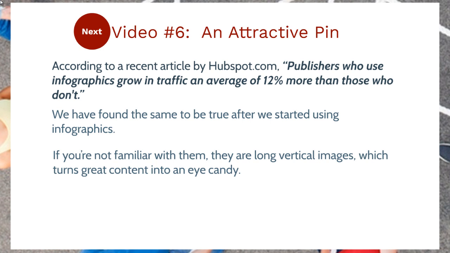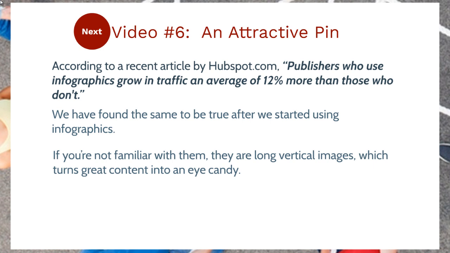Now, if you're not familiar with them, they're basically long vertical images, which turn great content into eye candy. Or in other words, instead of turning great content into just a bunch of text, you turn it into a graphic that visually makes sense.